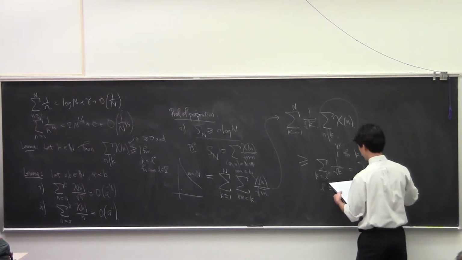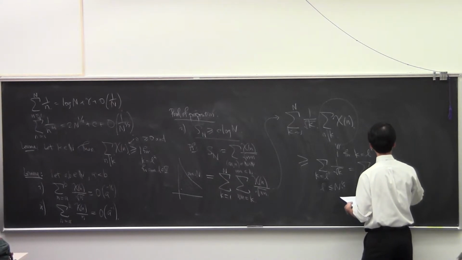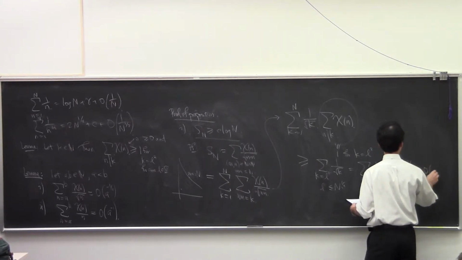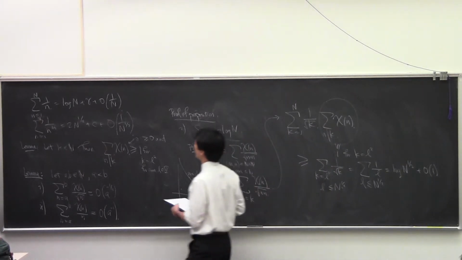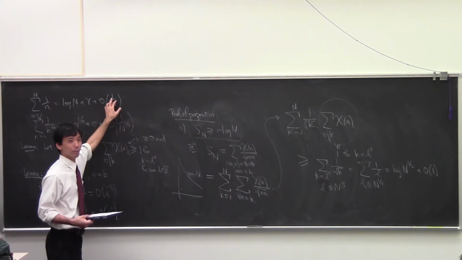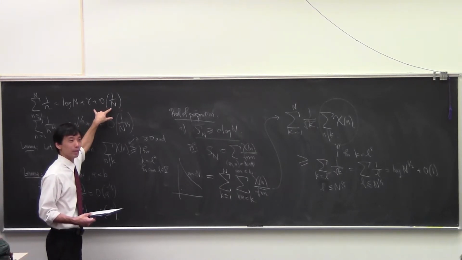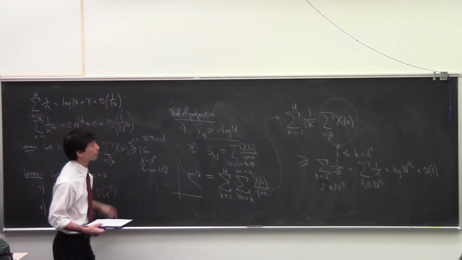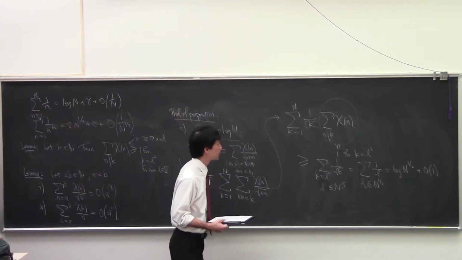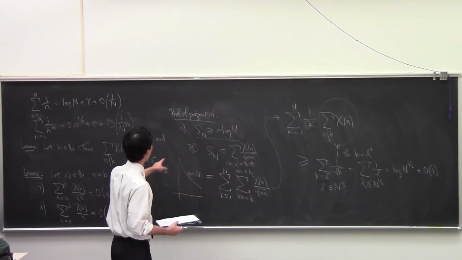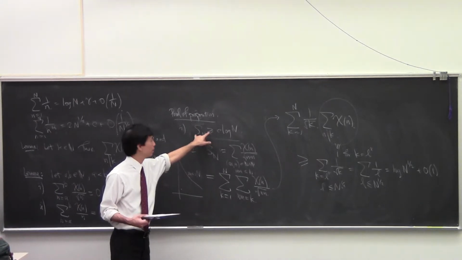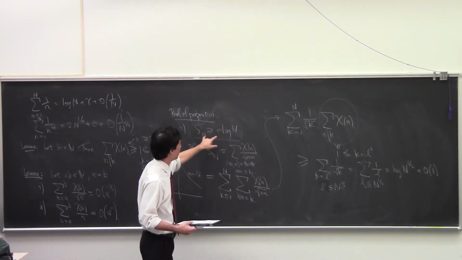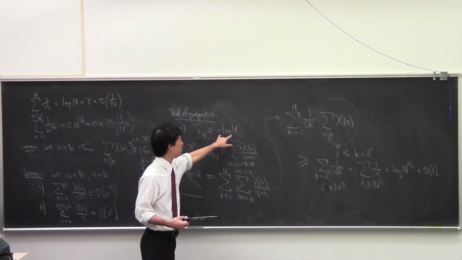This equals log n to the 1/2 plus something on the order of a constant, a constant plus something of the size of 1/n, so these two together are the size of a constant. So we are done. We've got the lower bound. This hyperbolic sum grows at least like the log.